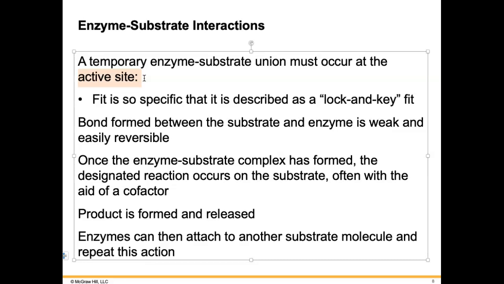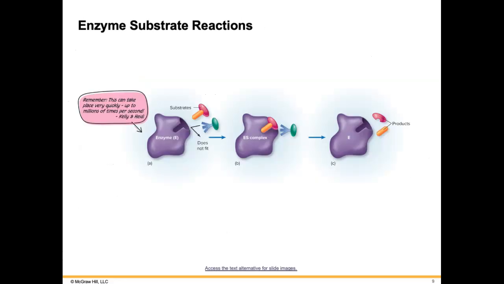Once the enzyme-substrate complex is formed, the designated reaction occurs on the substrate, often with the aid of that cofactor we mentioned earlier, the helper of the enzyme. Some sort of product is formed and then released. The enzymes then move on and do this again and again to other substrate molecules.